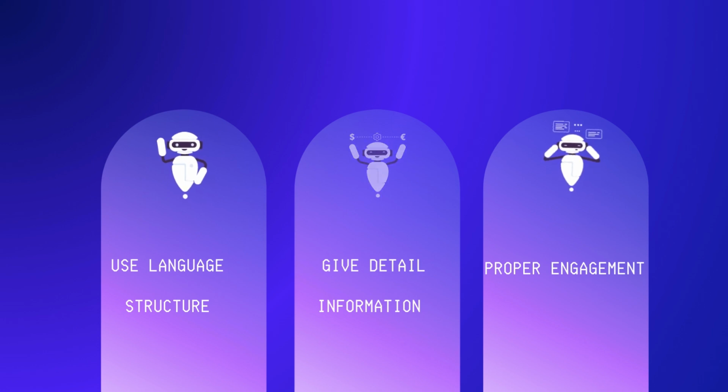The second point is give detailed information. And the third point is proper engagement. You should keep your conversation more specific with your questions or prompts. If your question or topic requires background information, include that in your prompts. So in case of test cases, we can give user stories which are dependent on each other. We can give references of previous test cases to get more accurate responses.